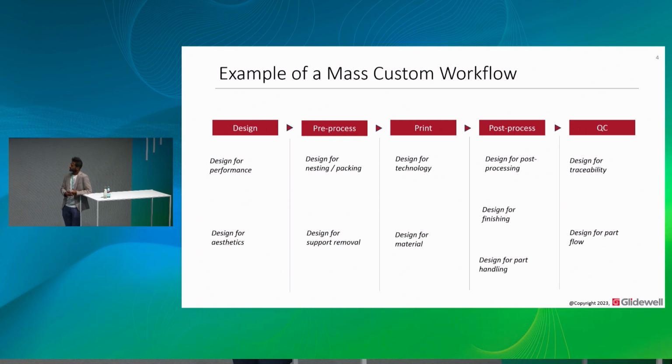And then, in terms of design for part flow, it's the same thing. One of the other types of parts that we print a lot of are dental models, which are not the end part like a night guard, but just the base that's used as an intermediate step to produce some other kinds of products.